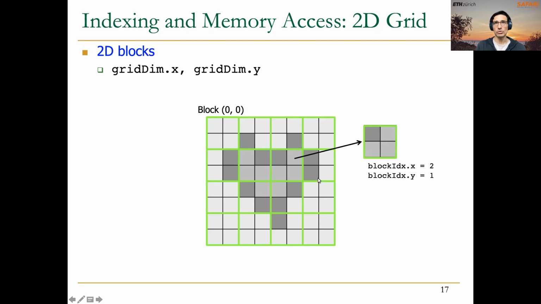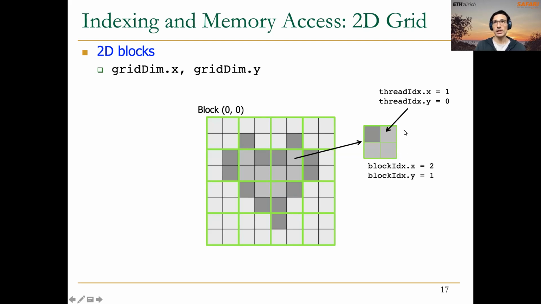For example, this one here is thread block 21, because in the X direction it is in column 2, and in the Y direction, the vertical direction, it is in row 1 of blocks. So that's why this one is block 21. Inside each block, we are also using the thread indices.